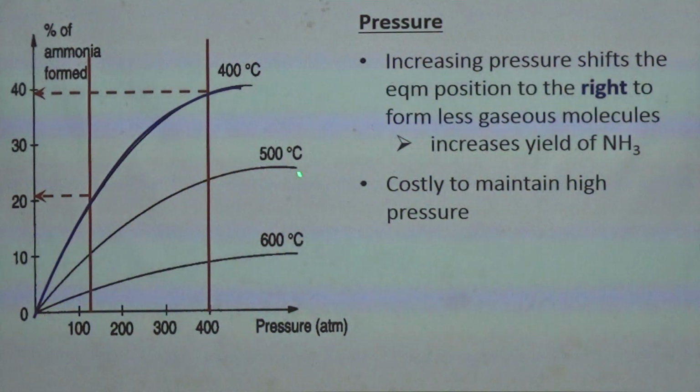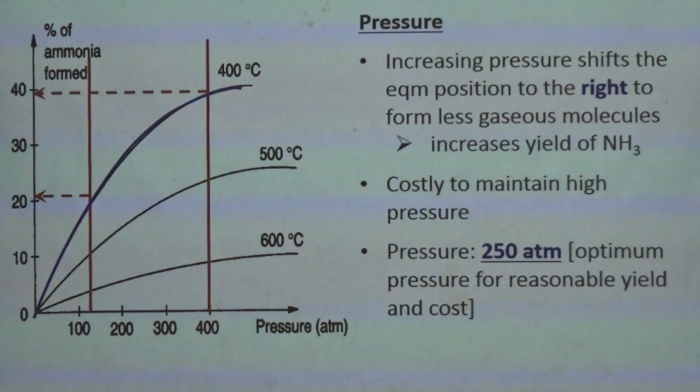But it is very costly to maintain high pressure. That's why once again we adopt a compromise. We use a pressure of 250 atm, which is optimum pressure for reasonable yield and cost. Because to withstand such a high pressure of 250 atm, you must fortify your vessel walls to be very thick to withstand the pressure.